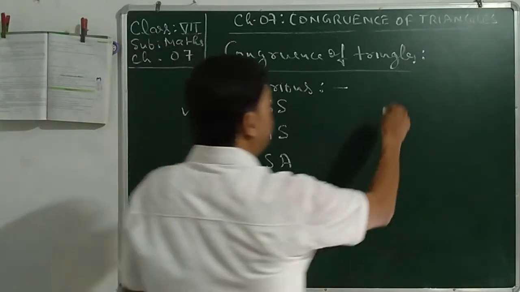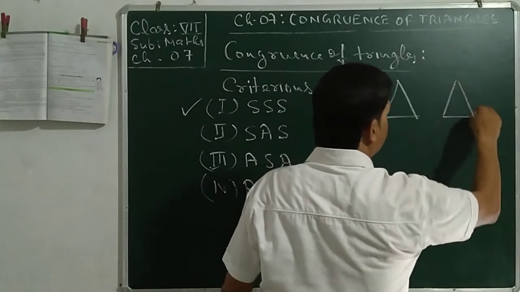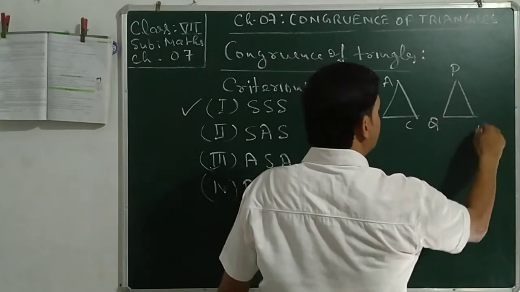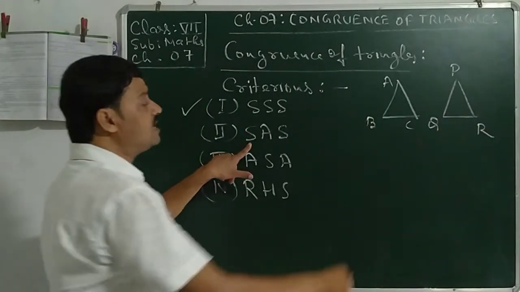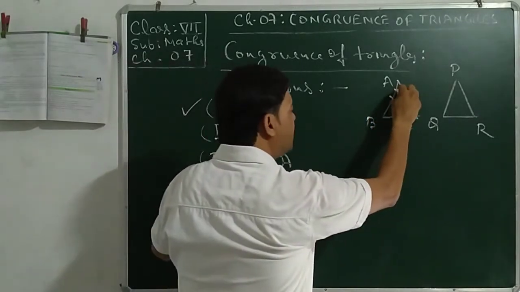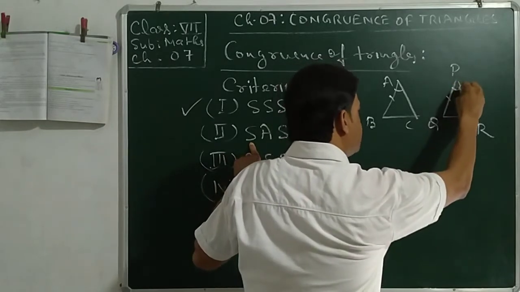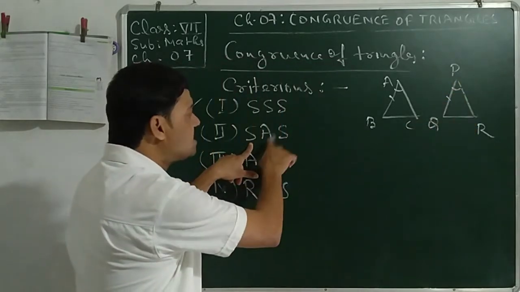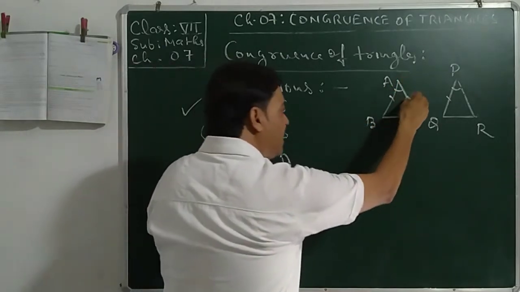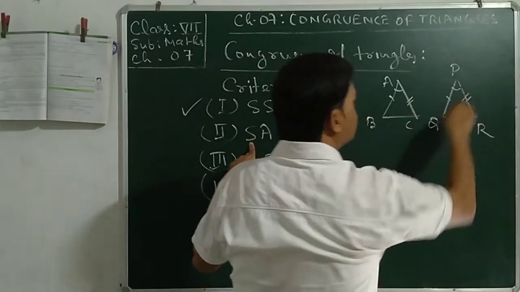But in case of SAS, say two triangles are once again there, ABC and PQR. S means take one side, A means any other angle after that, and S means after that one side. This side, this angle and this side. Similarly, this side, this angle and this side.